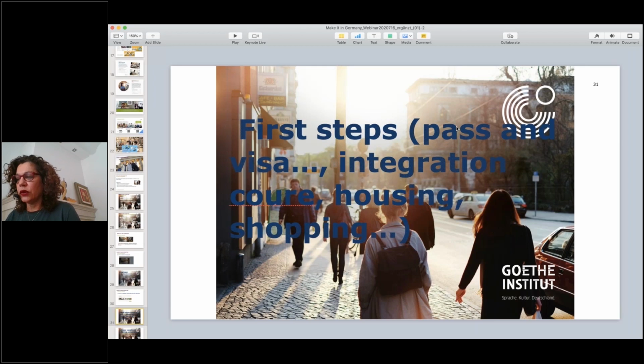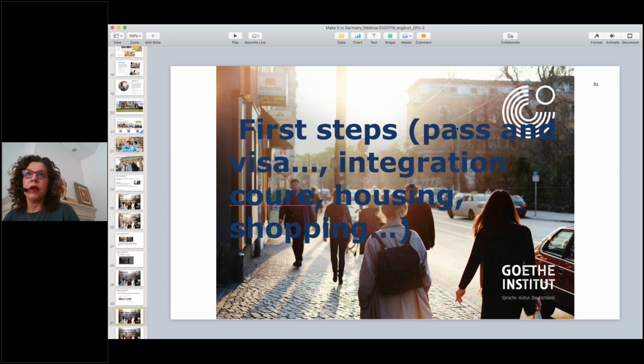If you are in your own country, you have the possibility, as I said, in Asia, but also in our country, in Tunisia, in Cairo, to take a course. But there are conditions. The language course in Germany, this is the integration course, consists of 600 sessions. So after this language course and orientation course, you will be able to speak and read at the level A2 to B1.